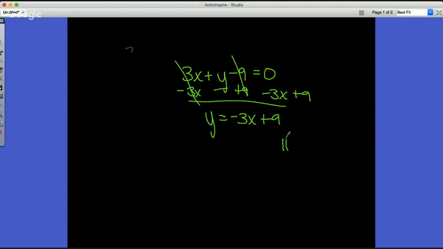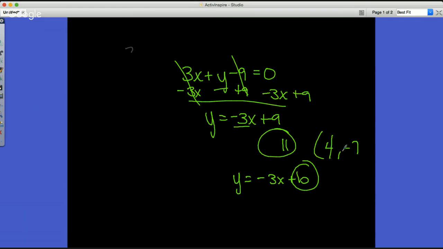On number 21, it asks for what's the parallel. Well, parallel means same slope, and so we can plug in. Now we've got to solve for b. Well, we know it passes through this point, and so just like before, we'll plug 4 in for x and -7 in for y to solve for b. But just giving you a heads up, isolate that y, and that will be a huge help there.